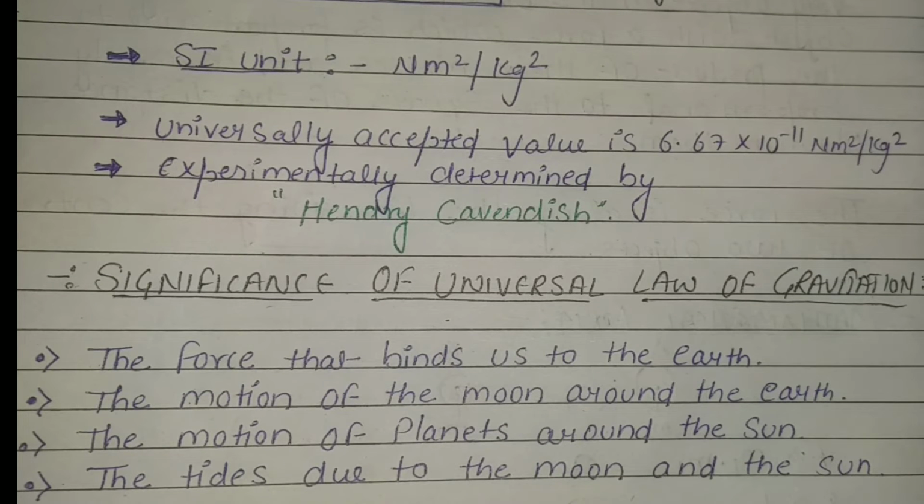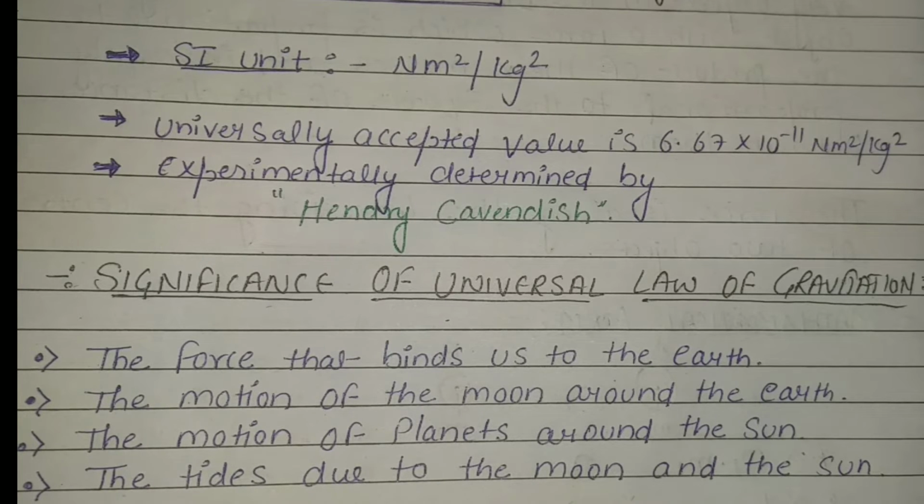Now we have discussed the SI unit of the gravitational constant, which is Newton meter square per kg square. The universally accepted value of gravitational G is 6.67 into 10 raised to the power minus 11 Newton meter square per kg square. This was experimentally determined by Henry Cavendish.